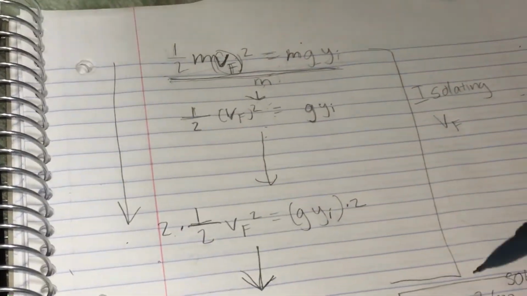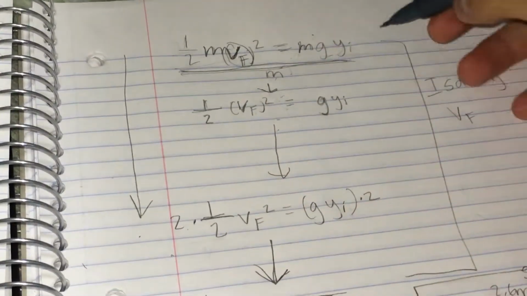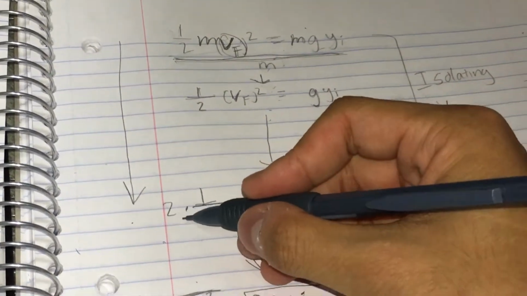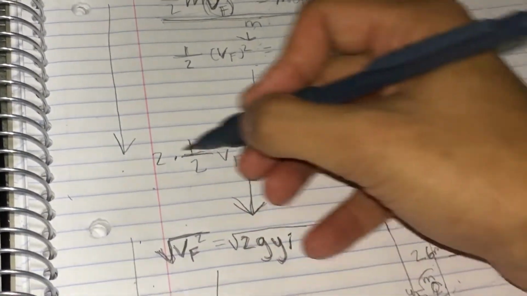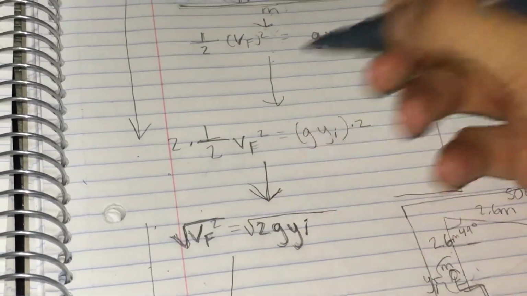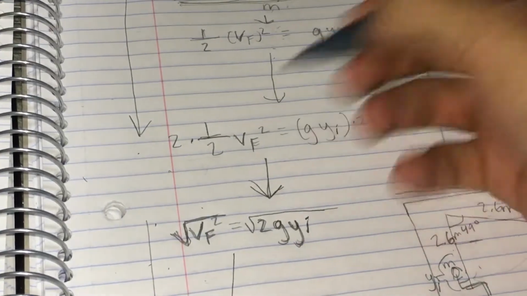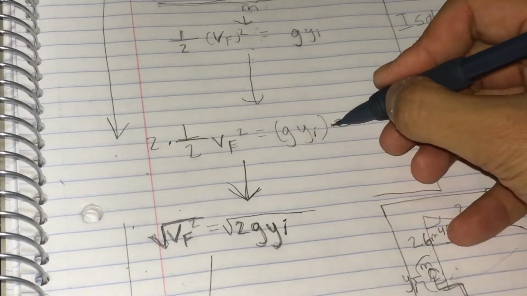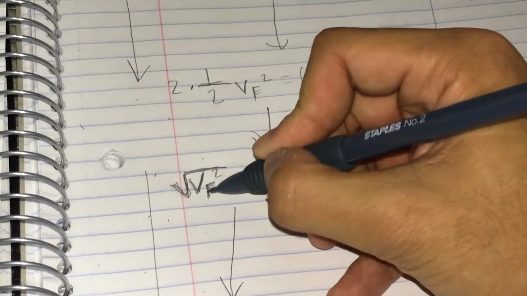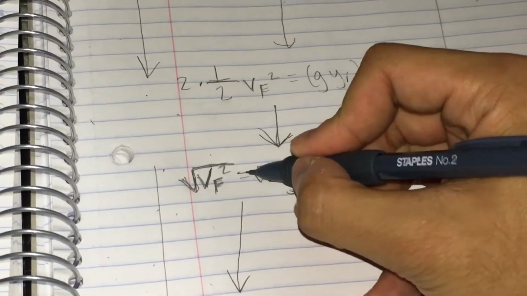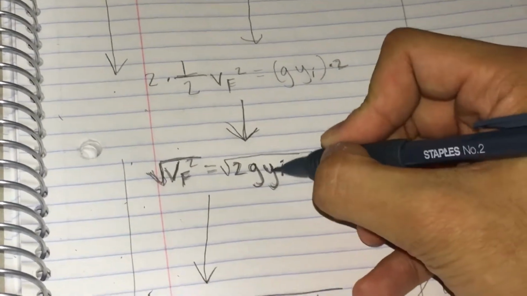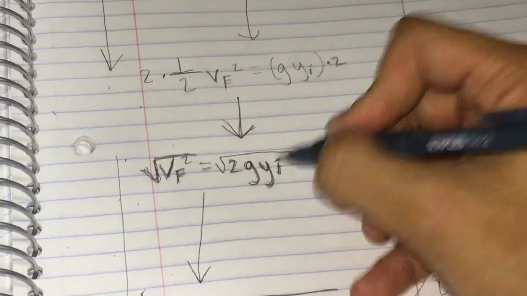Next, we multiply both sides by 2, because we're trying to isolate the final velocity. 2 times 1/2 equals 1, so velocity final squared equals 2 times gravity times the initial height.